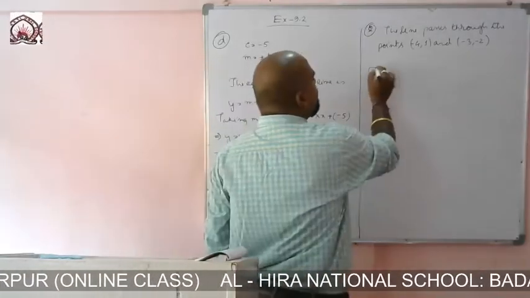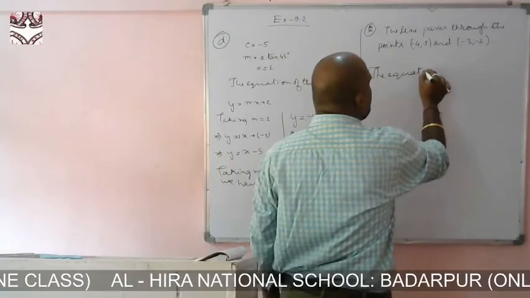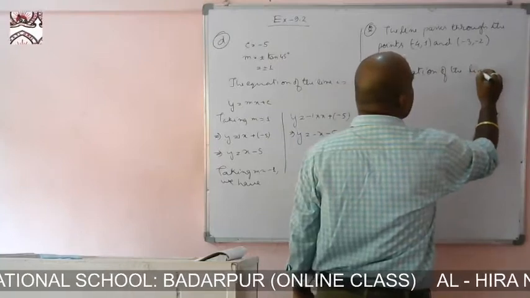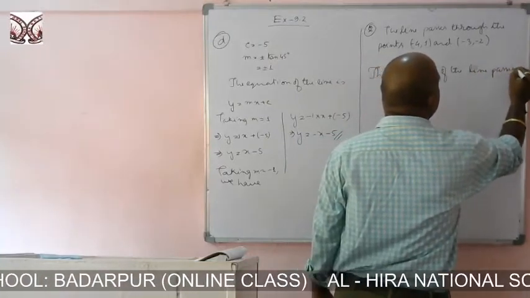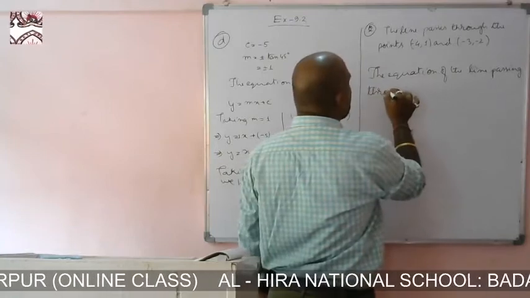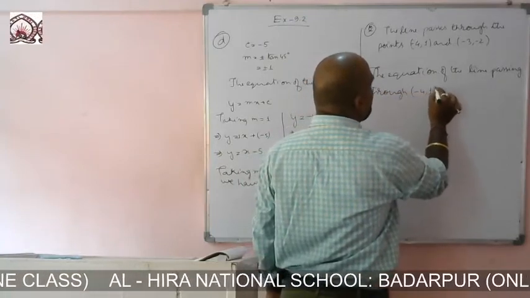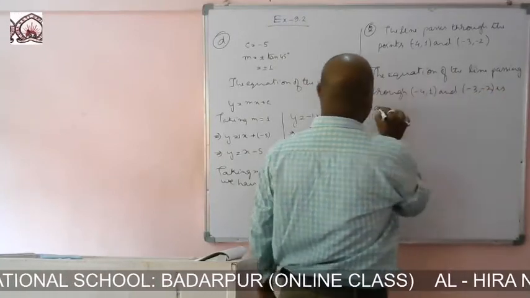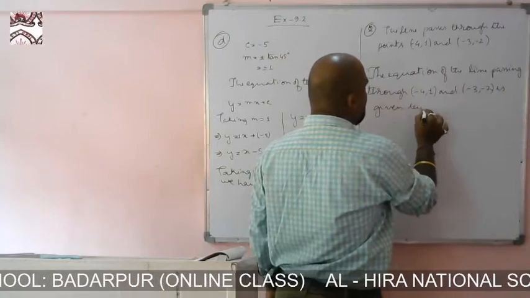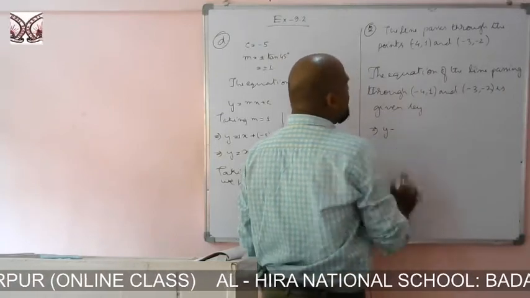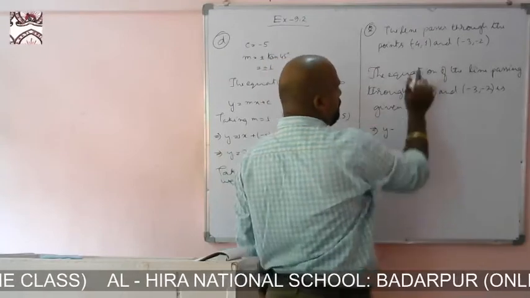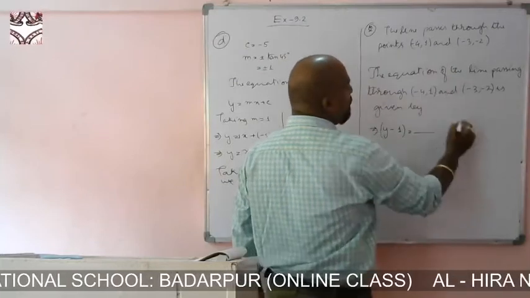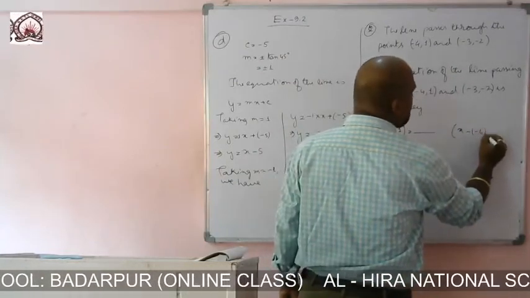Now the equation of the line passing through minus 4 comma 1 and minus 3 comma minus 2 is given by y minus y1, here the value is 1, equals the slope times x minus of minus 4.